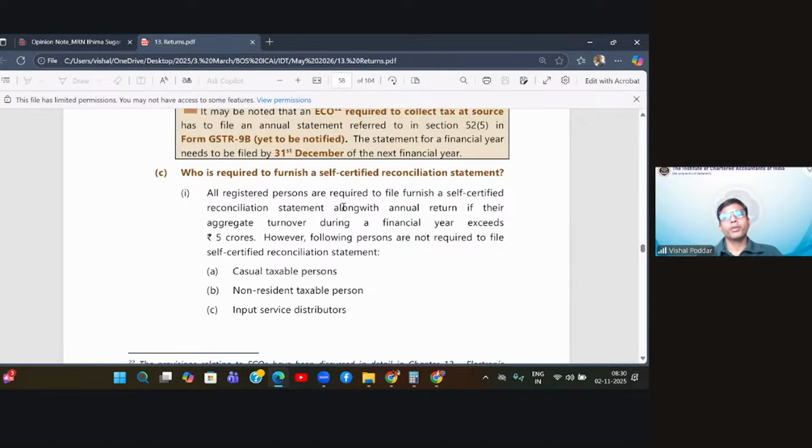Now, along with 9, which is the annual return, there is one more statement, which is 9C. What is this 9C? Since you are all in final, you would have done articleship and would have seen that when you see accounts, taxation laws like income tax, and then GST, there is one very big difference. That is the difference in the principles, in the ideologies, which we can call the law or the standards.